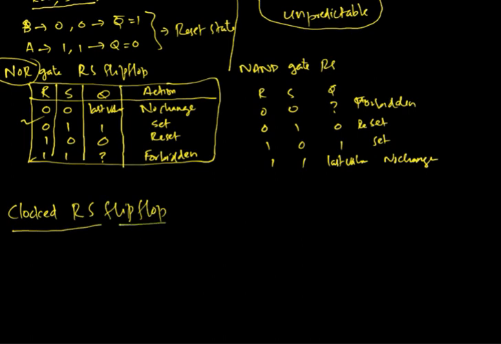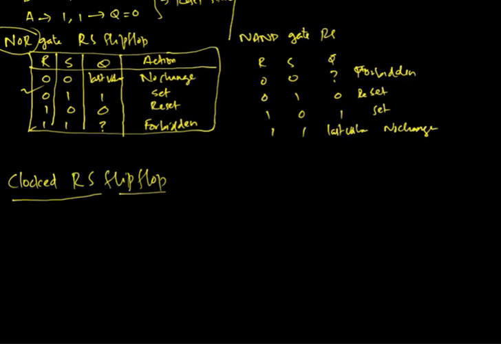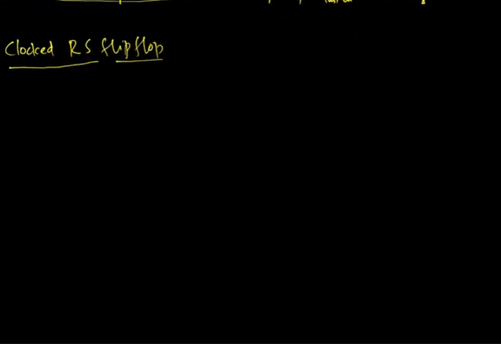So a clocked RS flip-flop is used in order to avoid the delay in the propagation time of the two inputs, which may lead to wrong output results.